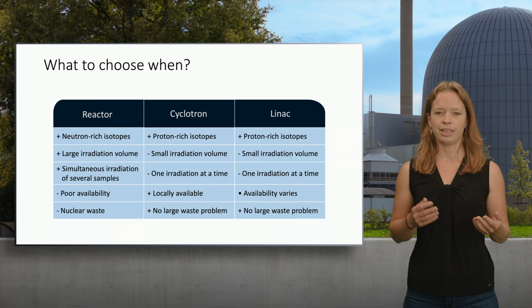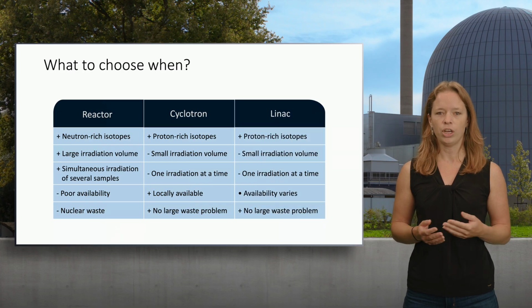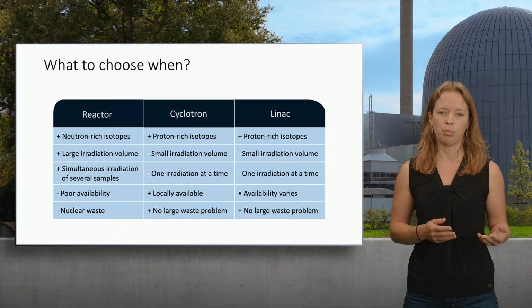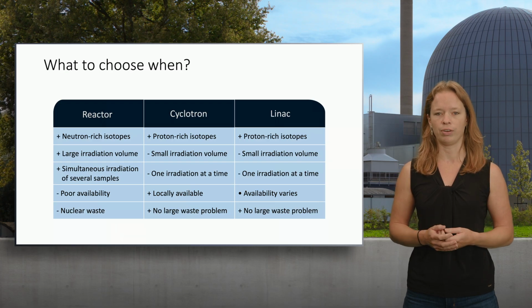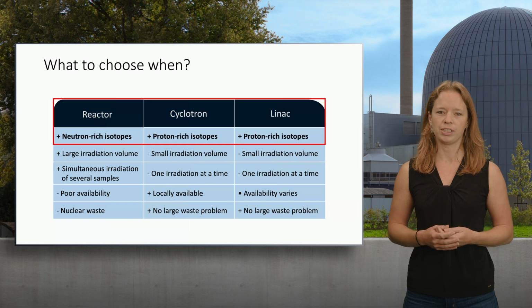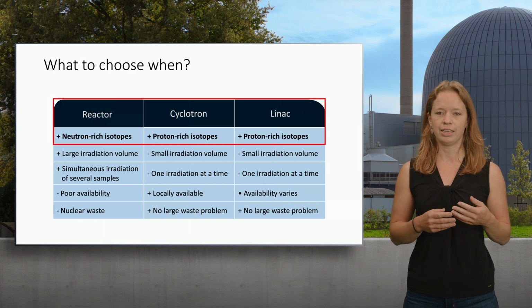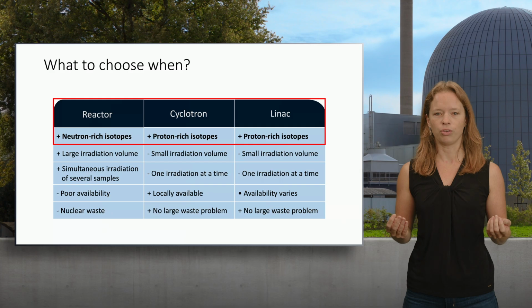Looking at the advantages and disadvantages of linear accelerators, you'll see that these are quite similar to those of cyclotrons, although their availability depends on the type of linear accelerator. In the end though, the radionuclide you want to produce is often the deciding factor. Is it a neutron-rich or a proton-rich radionuclide?